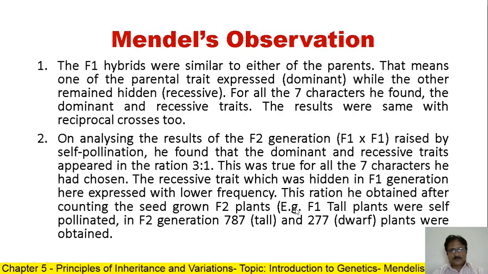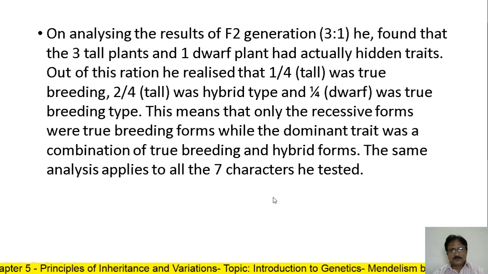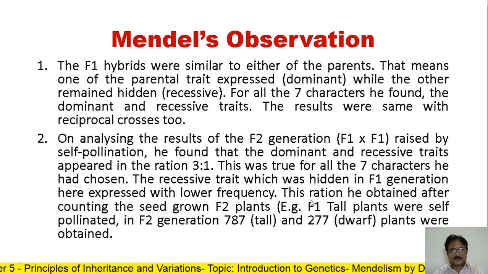When he counted the number of plants in the F2 generation, he got 787 tall plants and 277 dwarf plants. From this, he came to the 3:1 phenotypic ratio in the F2 generation.